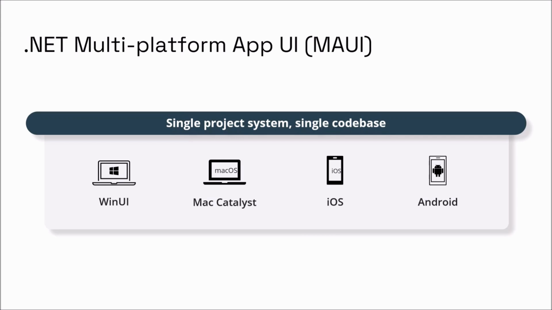So with this cross-platform framework, you can create native mobile and desktop applications using C# and Xamarin. So you can develop applications that run smoothly on iOS, macOS, and Windows from a single code base.